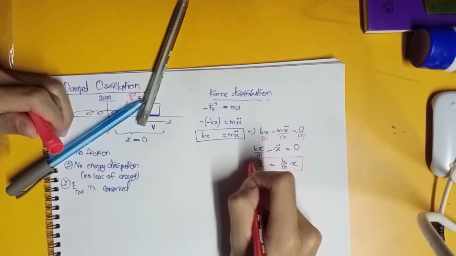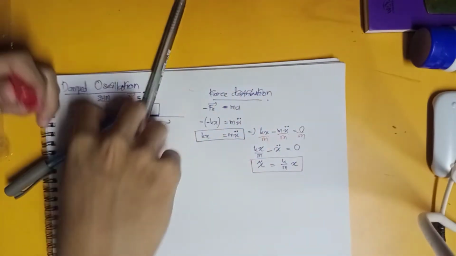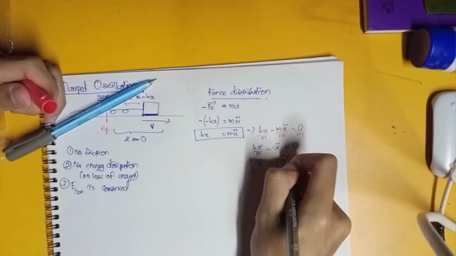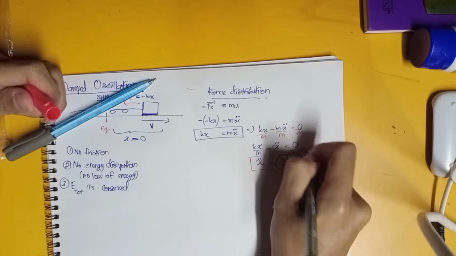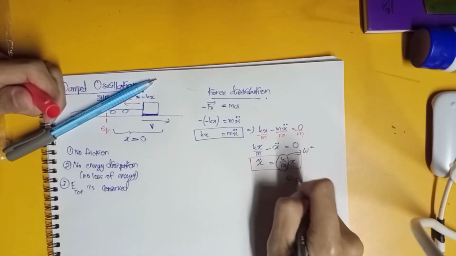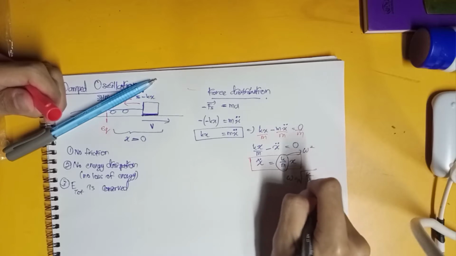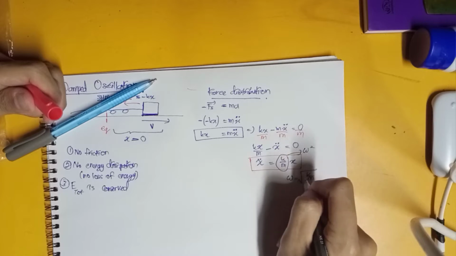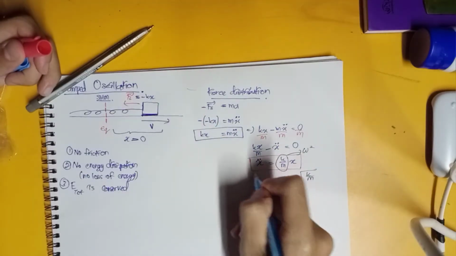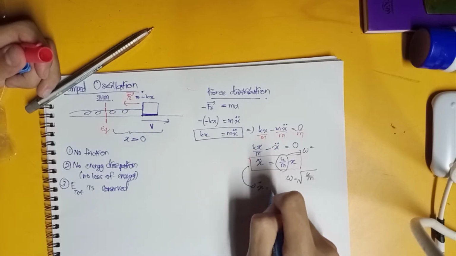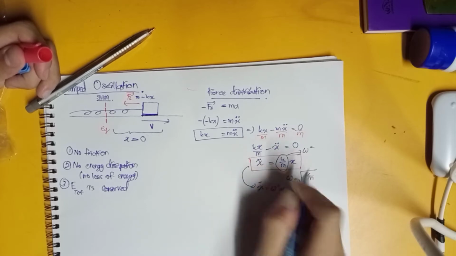So here is the acceleration of the system, and we know that k over m is omega squared, because omega is equal to the square root of k over m. The square root transfers to the left, so omega squared is equal to k over m. So finally, x double dot is equal to omega squared x.